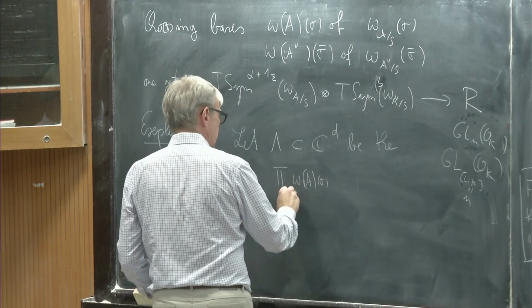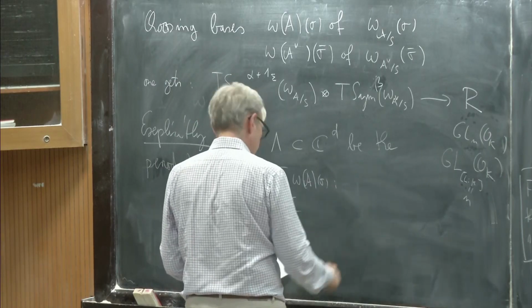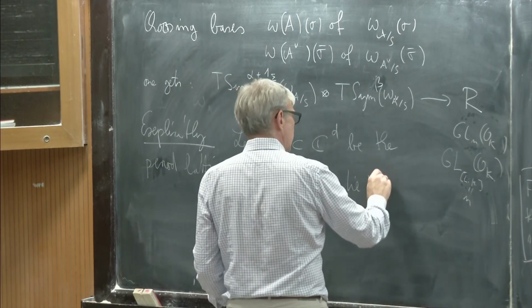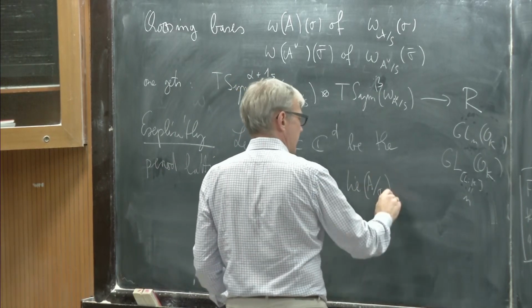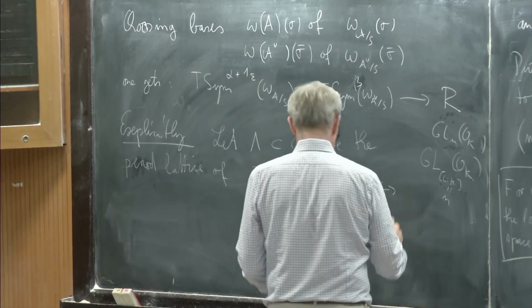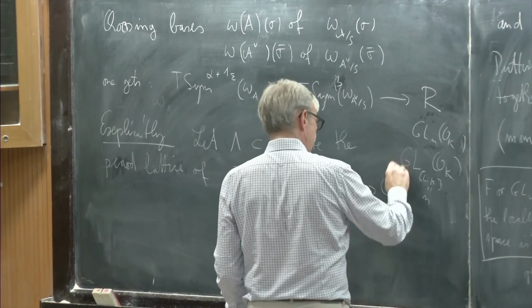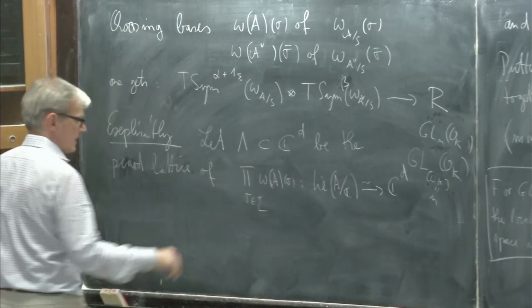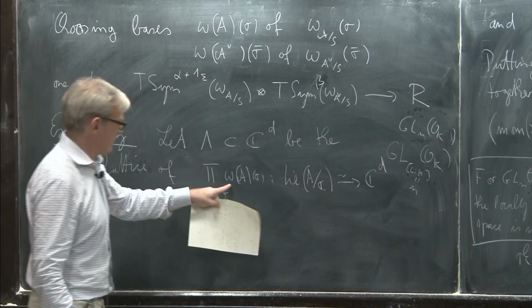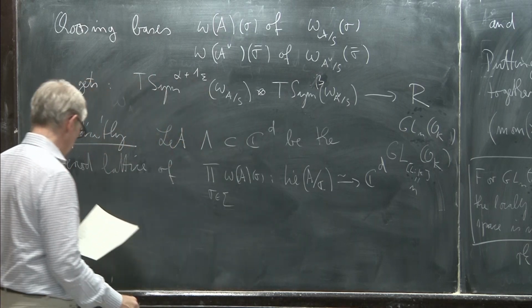This gives you a map, even an isomorphism, from the Lie algebra A over C to C to the D. This is a basis of algebraic differential forms.